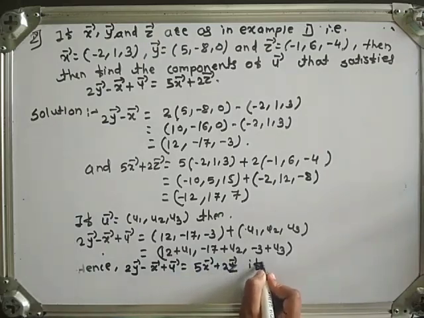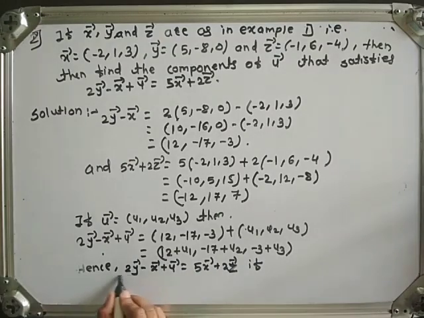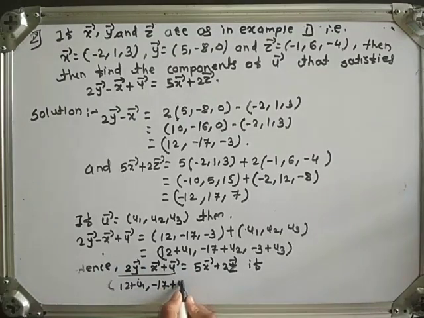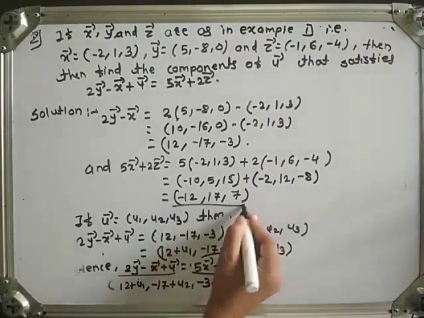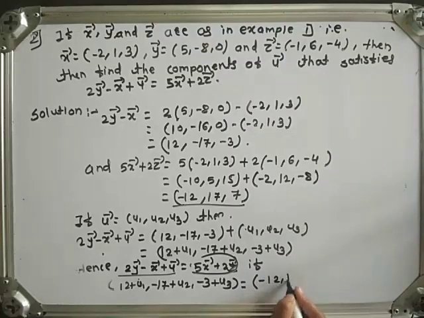What is the value of this side? It is (-12, 17, 7). So (12 plus u1, -17 plus u2, -3 plus u3) equals (-12, 17, 7).